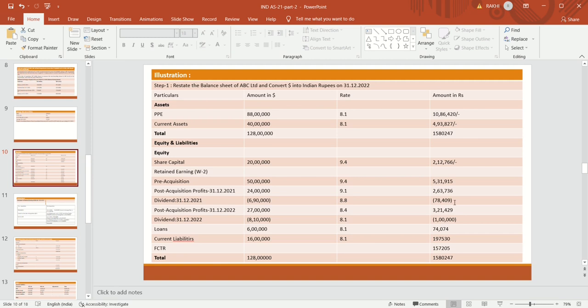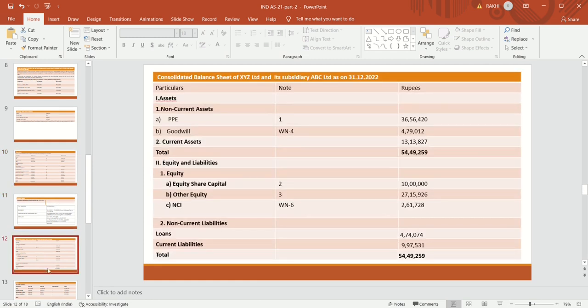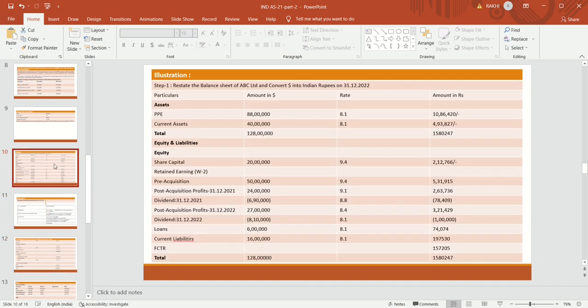The difference in assets and liabilities is to be recognized as FCTR, foreign currency translation reserve. This is step 1 where we will restate our ABC balance sheet and convert the dollars into rupees.